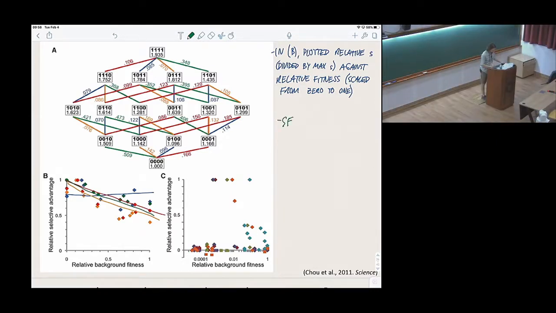So for a cross genome, you see what can be called diminishing returns, or you can call it antagonistic.